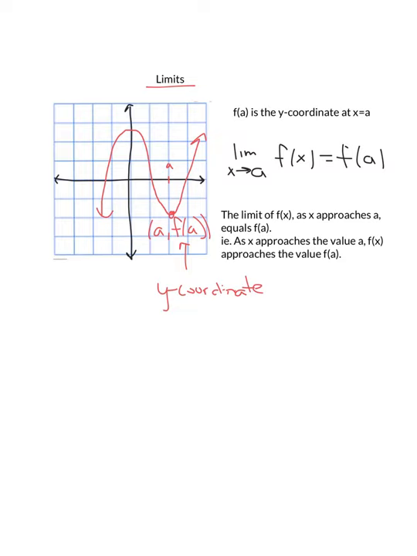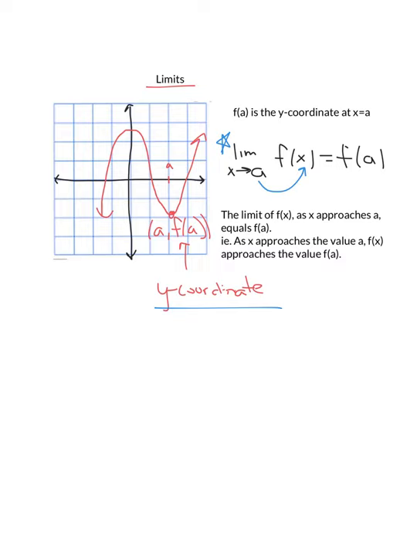So what I have on the right here is basically just words describing what's happening. So f at a is the y coordinate at x equals a, so that's what I was talking about here. This next little bit, the limit as x approaches a of the function f of x is equal to f of a. So basically I've just plugged this a in here instead of my x.